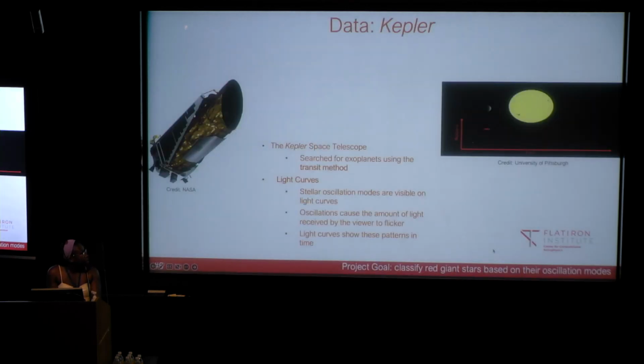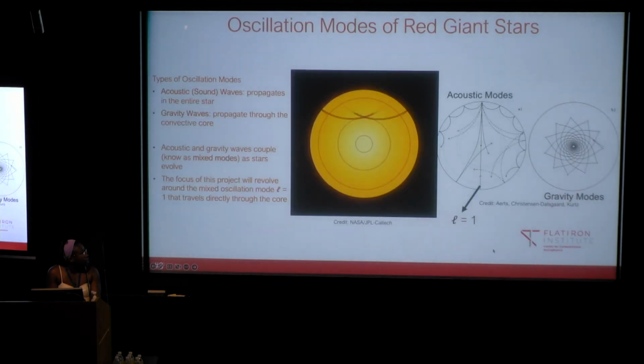Yes, so some of it is determined by the evolutionary stage of the star, which is why we wanted to assess those waves. As the star gets older, the core will contract and the envelope will expand.